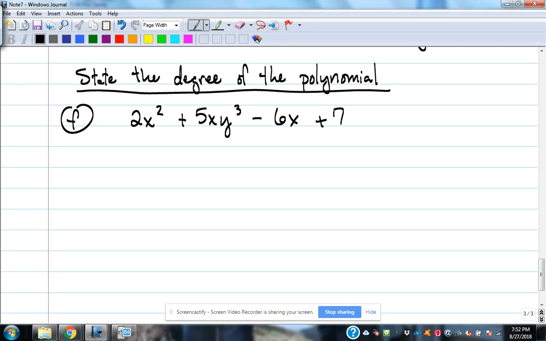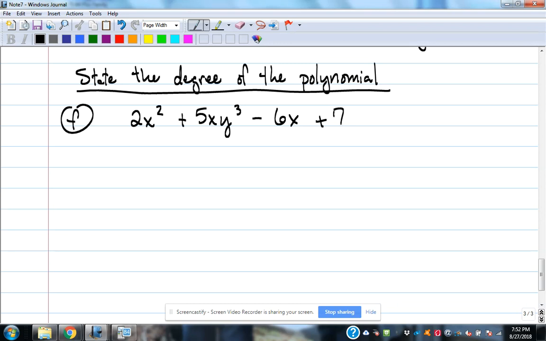Now, the first thing we want to look for before we find the degree is to see if there are any terms that can be put together. To be a like term, you got to have the same letter and the same exponent or exponents on those letters. So when I look at this one, I got 2x squared. Is there anybody else that's got x squared?